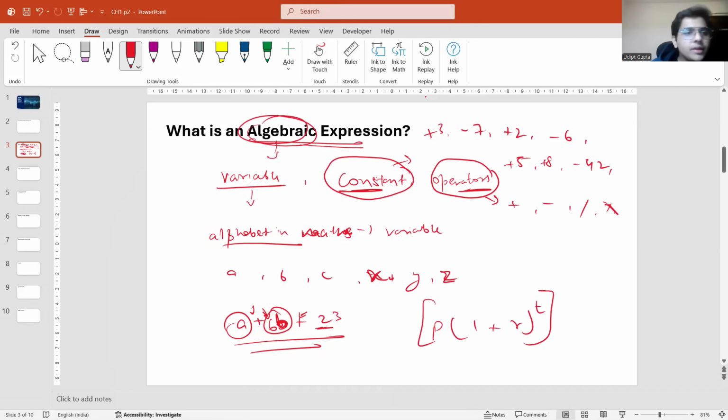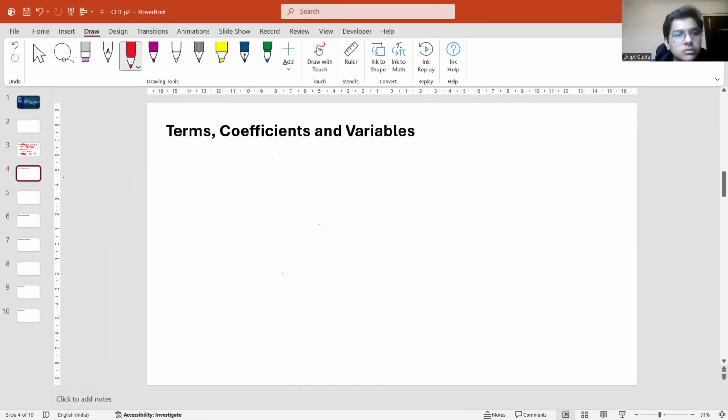Then, when we talk about an algebraic expression, what are its terms, coefficients, and variables? So let's say I take up 5x square plus 8x minus 9.